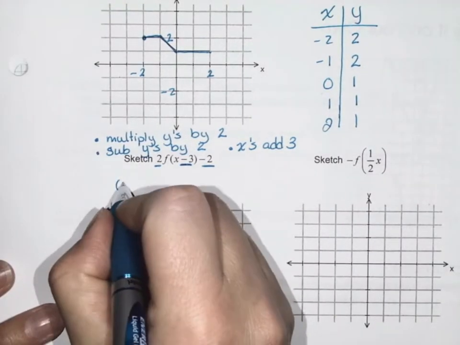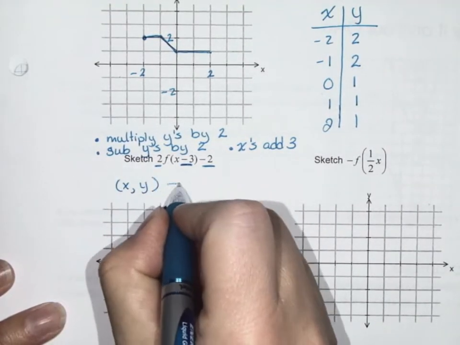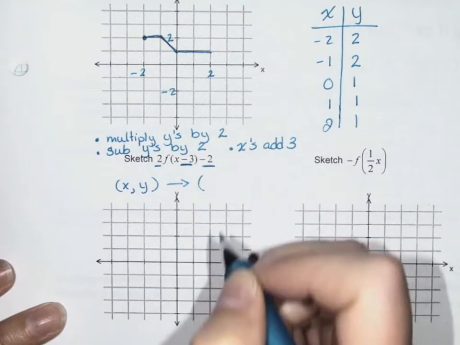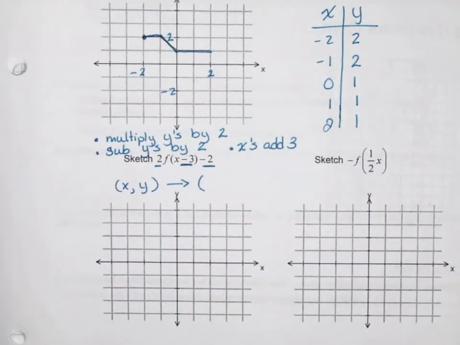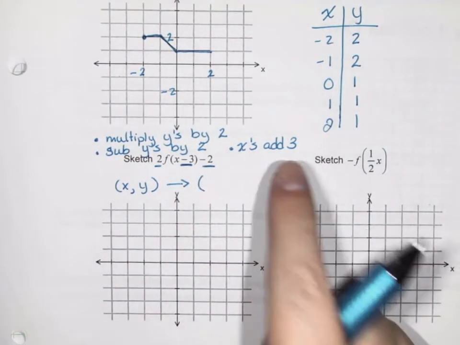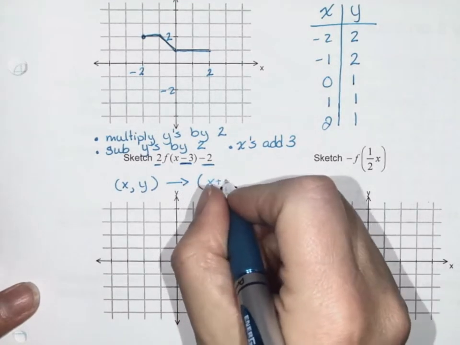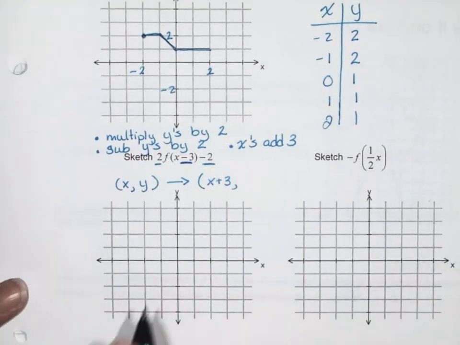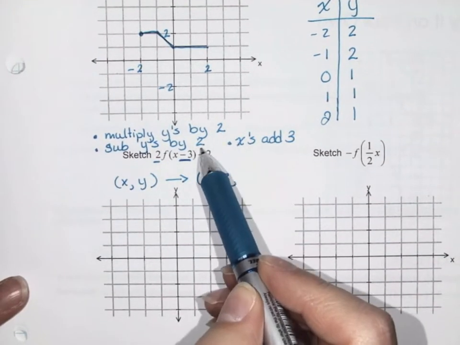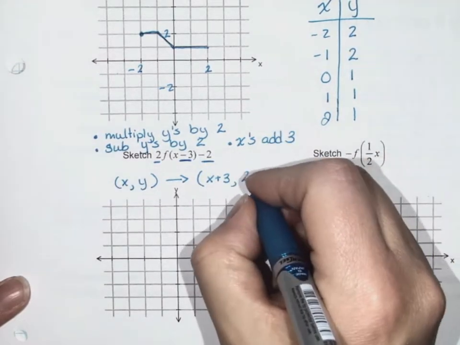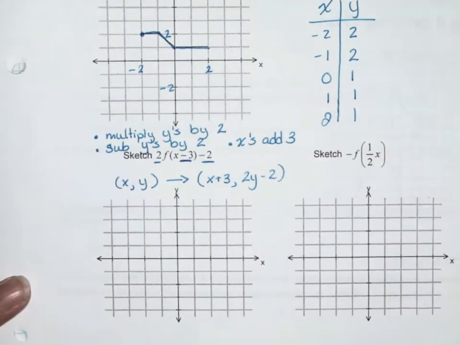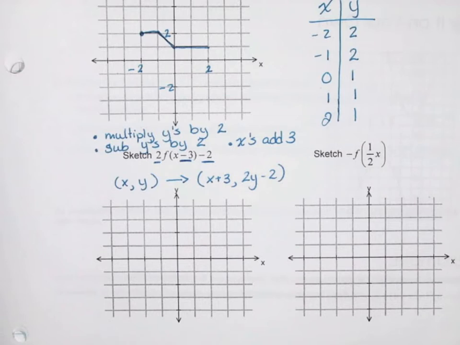Okay, so if I were to make this into a mapping rule, what did I do to my x's? You just added 3. So x plus 3. And then the y's, we multiplied by 2, and then we subtracted by 2. So 2y minus 2. Okay.